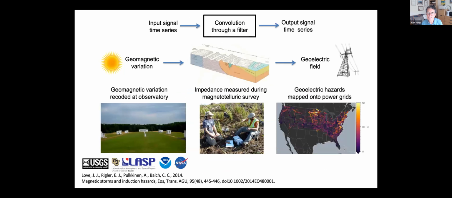Now, the point is that everything you've shown us has been, if you like, first order, in as much as you've taken the transfer functions derived by USArray and input your time series and got your estimated electric fields out.